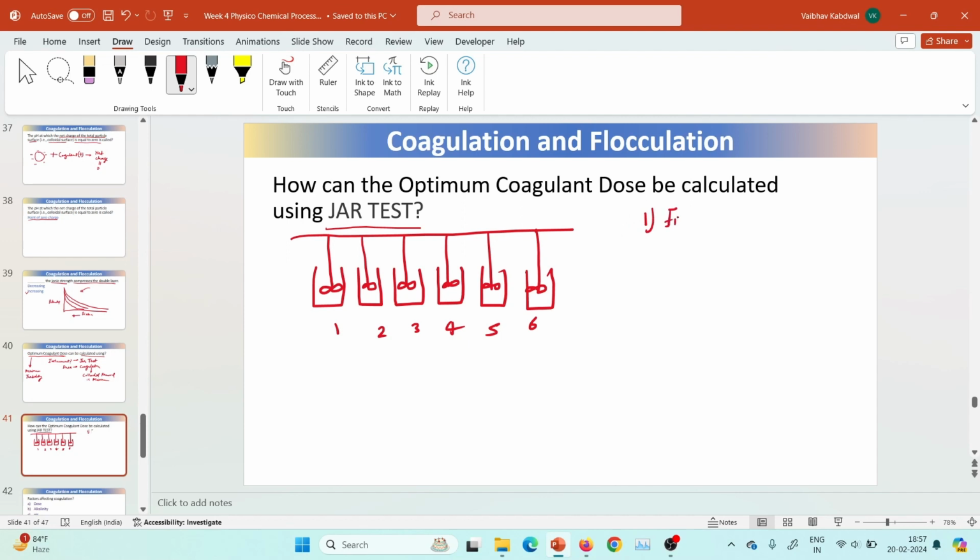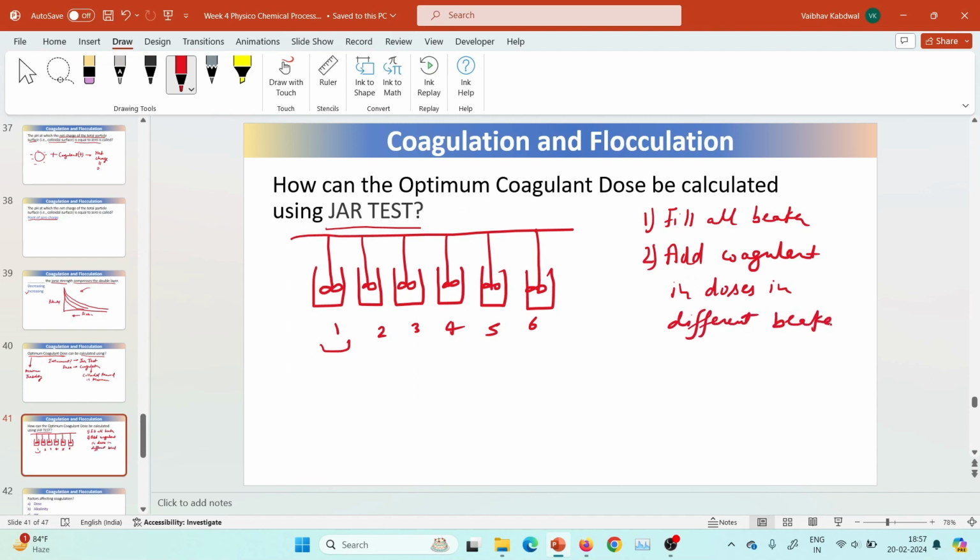We fill all the beakers, and we vary the dose: we add coagulant at different doses in different beakers.